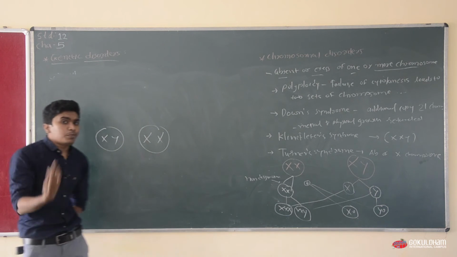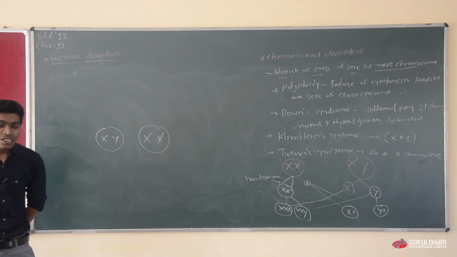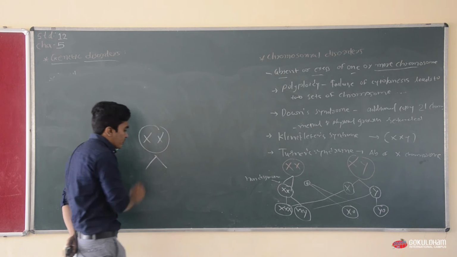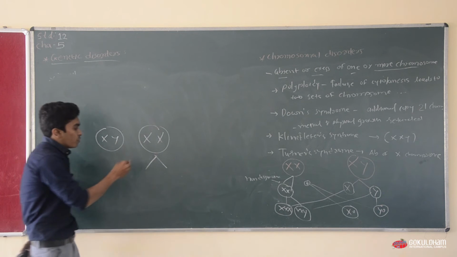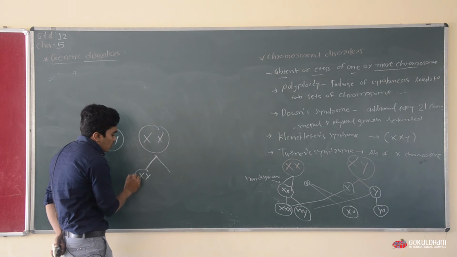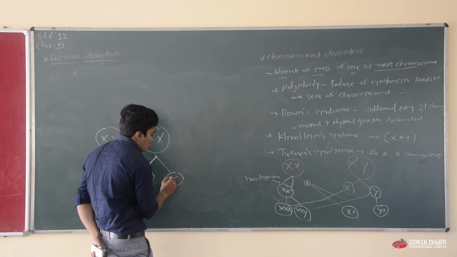But during gamete formation, the segregation of the chromosomes will not occur accurately. So what will happen? Out of two gametes, one gamete will have both the chromosomes and another gamete will have zero chromosomes.